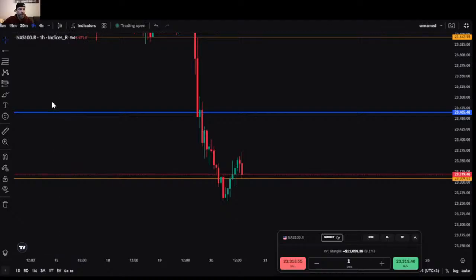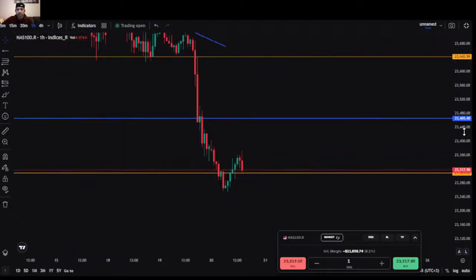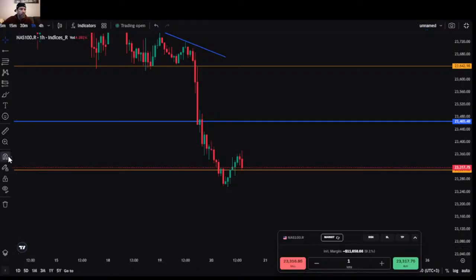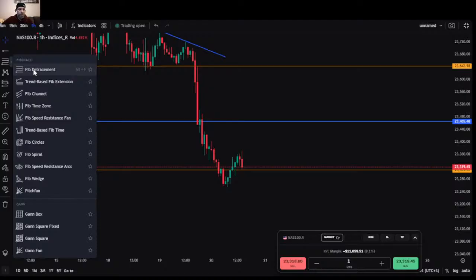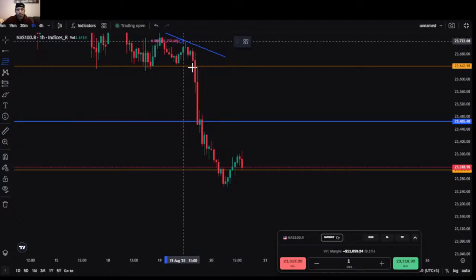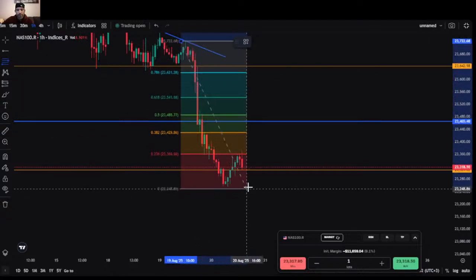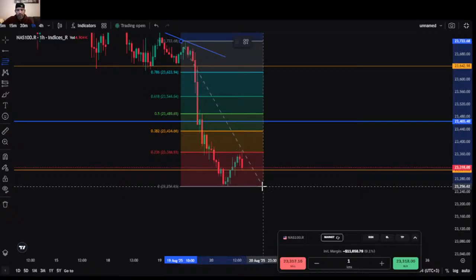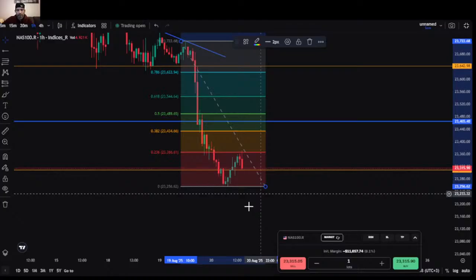Let me see if I can... Where's the high up here? Before we rolled over, got the high up there. We got the low over here.